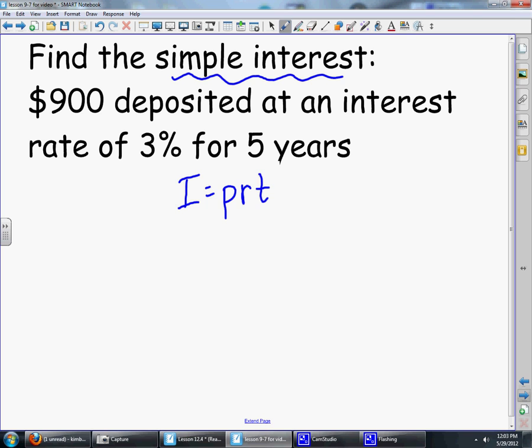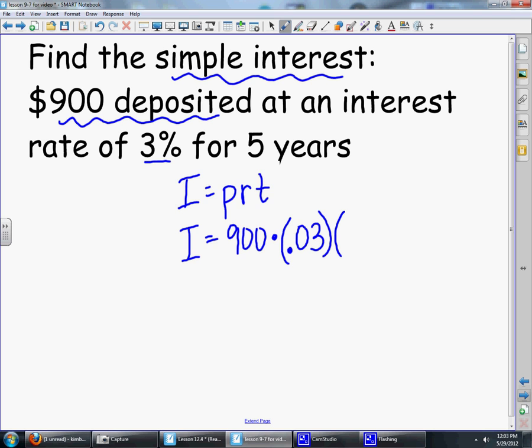All right, let's see what you got here. So interest is equal to the principal, which is $900 that you deposit, times the rate, which is 3%. So we change that to a decimal, that's 0.03. And then we're going to multiply that by the number of years, which is 5.